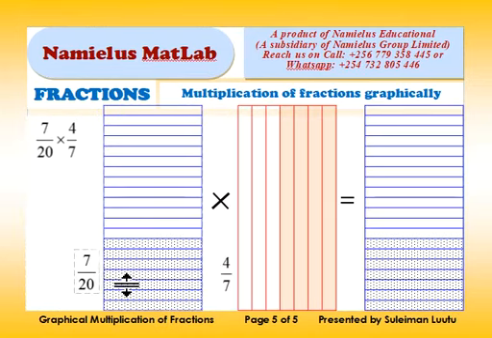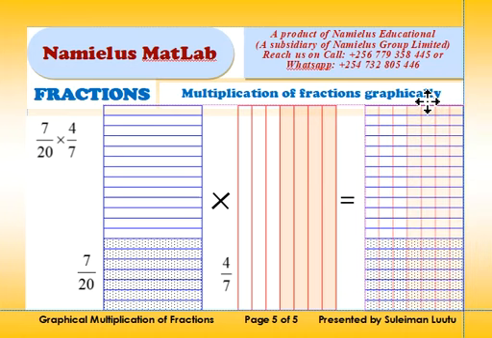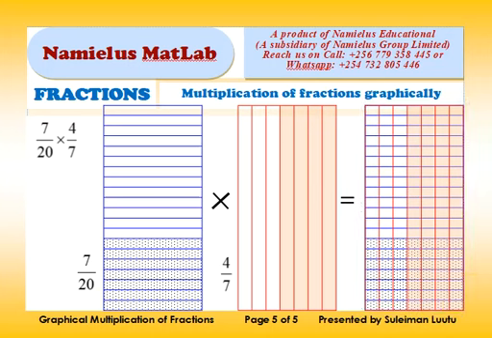We now have 7 out of 20, this representation, and then 4 out of 7, which is this representation, which will equal to this, and then on top we have to fit this, and then we can count how many squares or how many partitions in total have been shaded twice, or double shading.